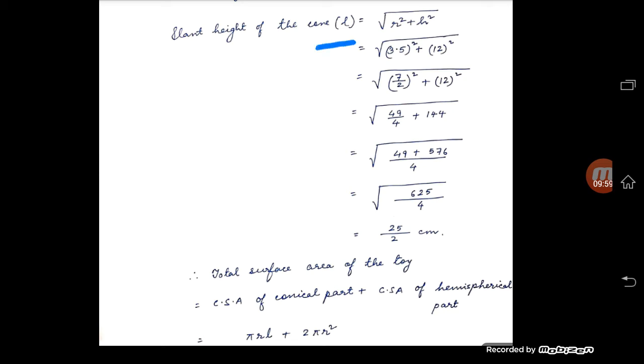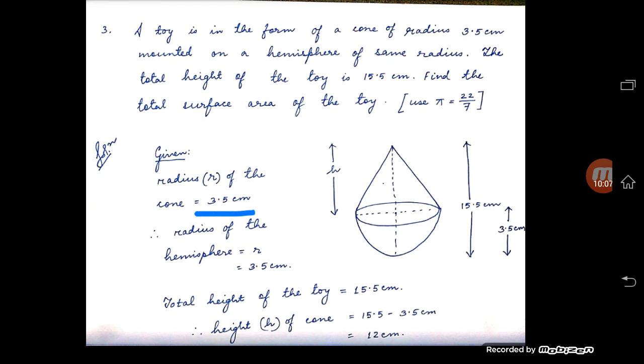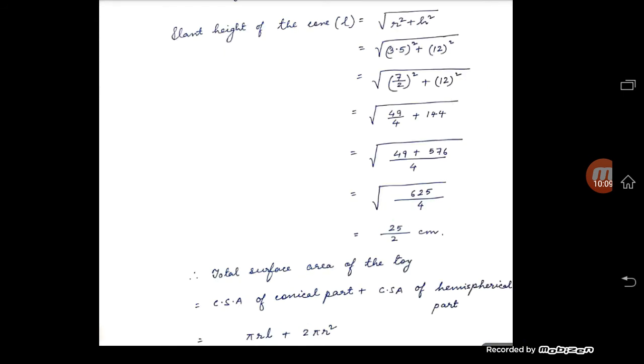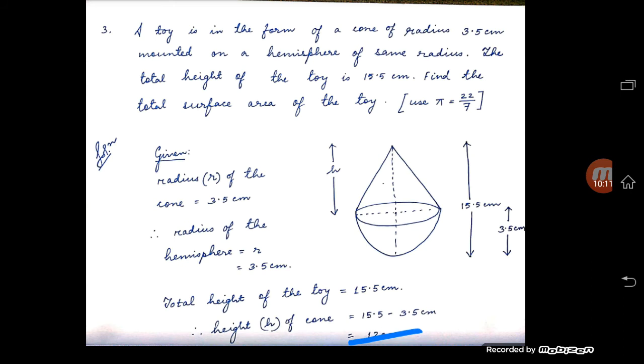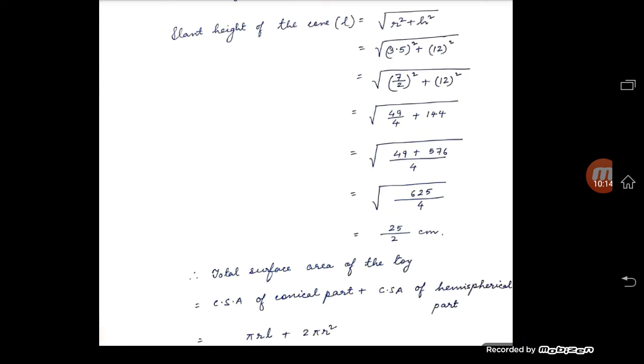The formula for l, that means the slant height of the cone, will be root over r square plus h square. r is already given as 3.5 centimeter. h we have just found out, that is 12 centimeter. We put those in the given formula for slant height. So r will be 3.5, h will be 12.